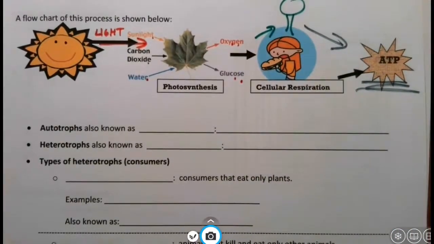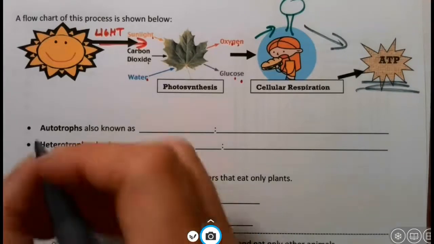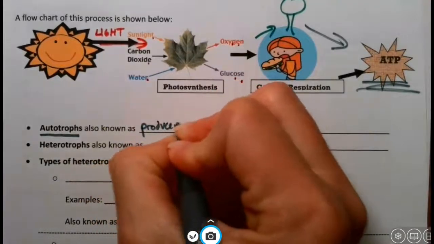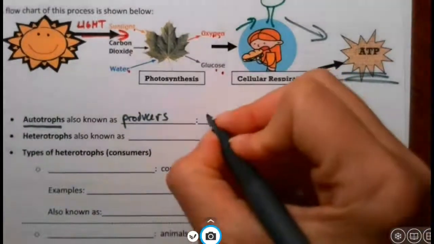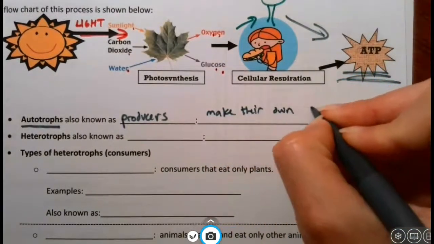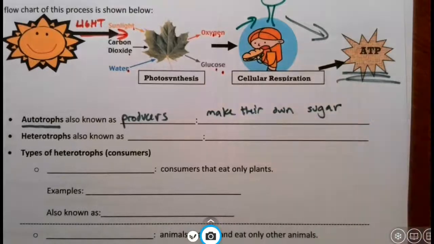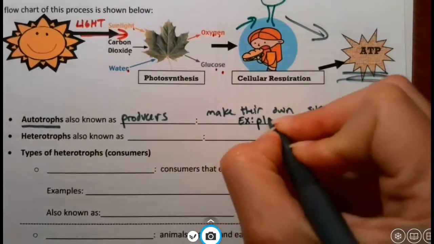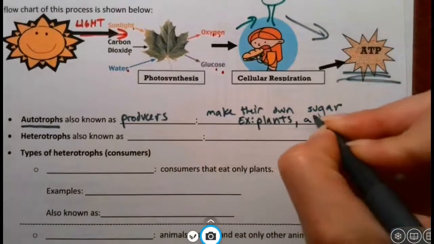Now, the way you get energy is classified differently in ecology. Autotrophs are also known as producers, and they make their own sugar. Okay, and this can be plants and certain types of algae.